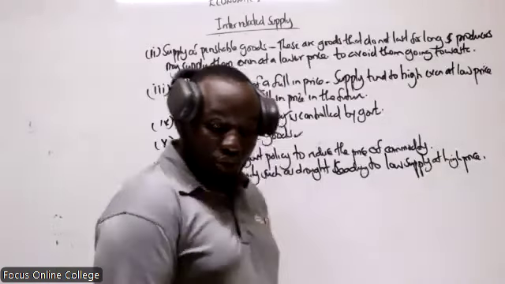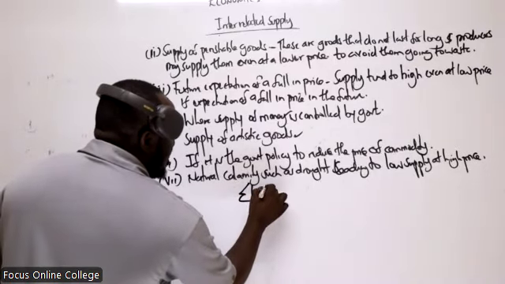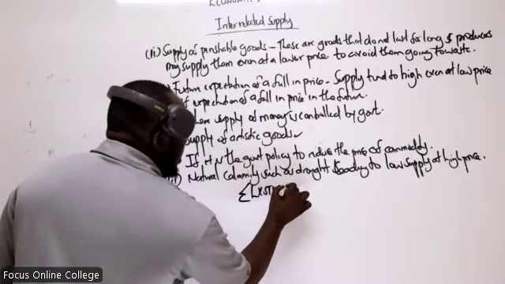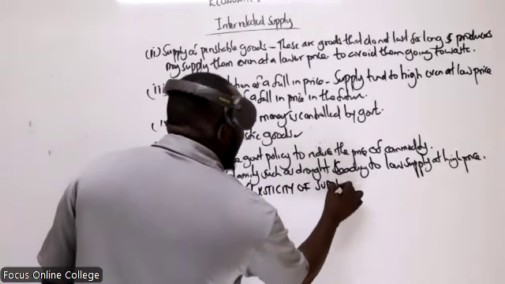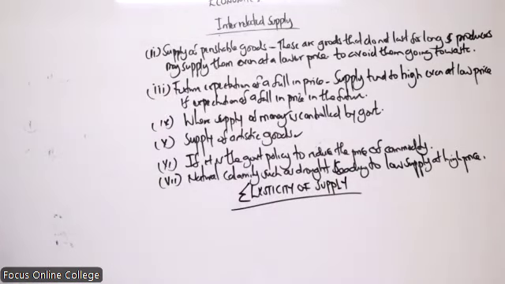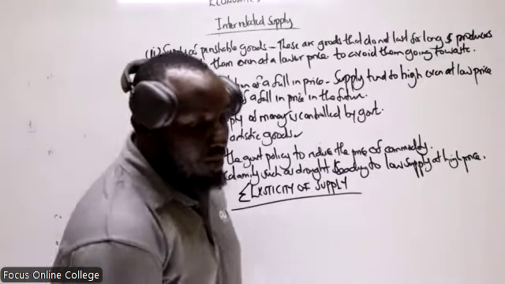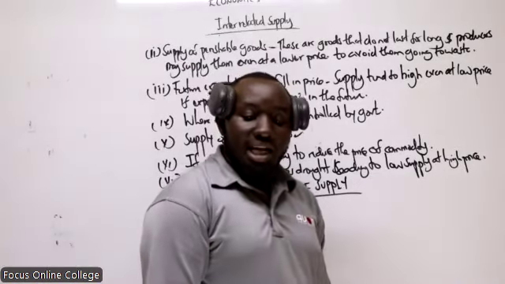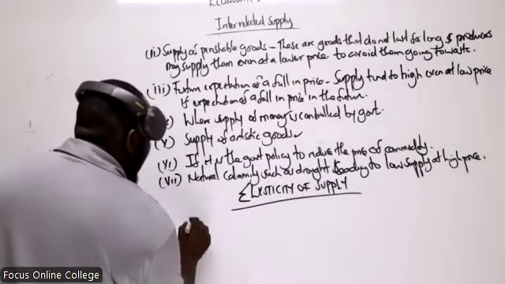So then we introduce what we call elasticity of supply. What is elasticity of supply? When you say elasticity of supply, this refers to the measure of responsiveness of quantity supplied to the determinants of supply.